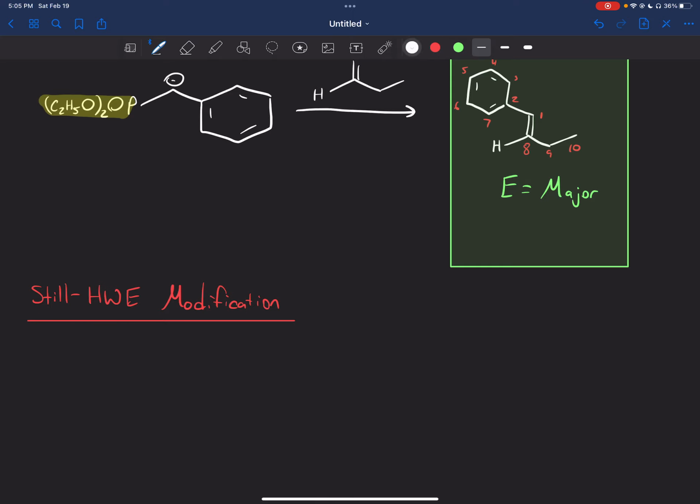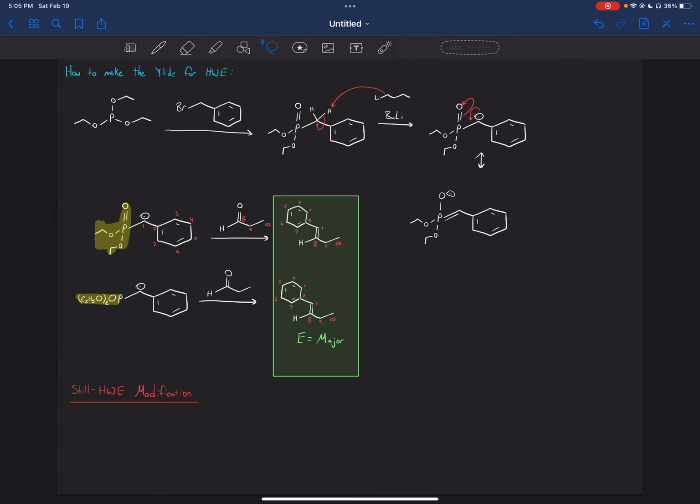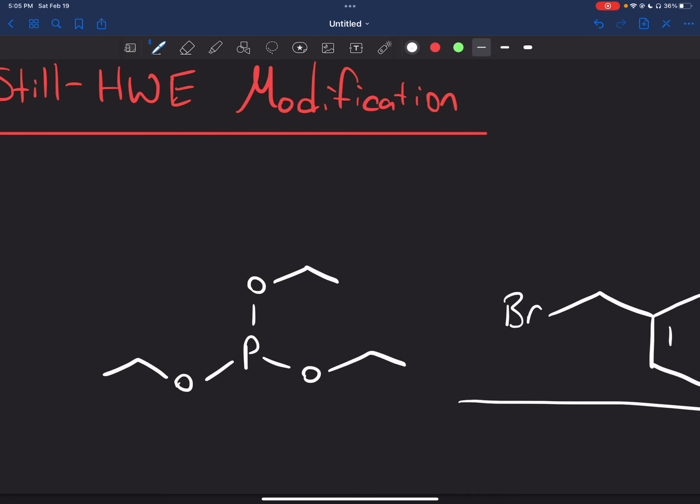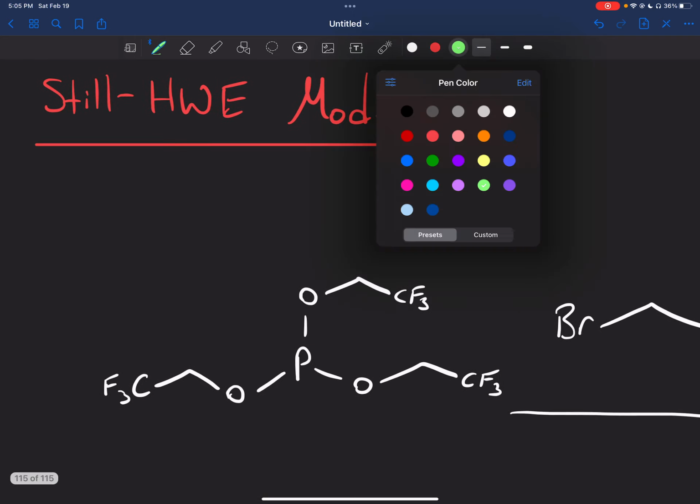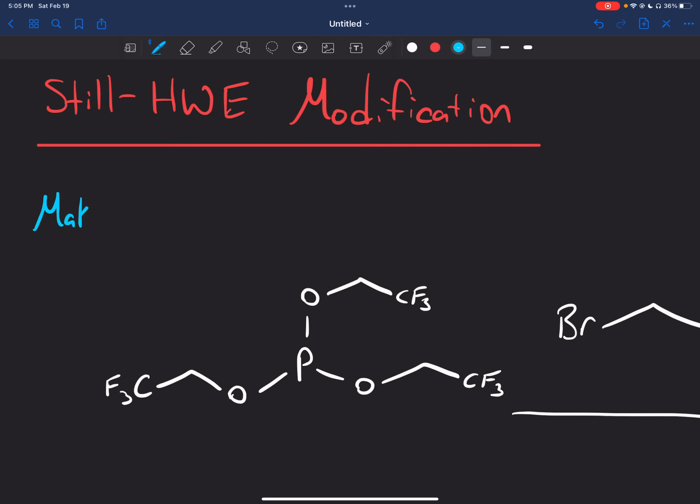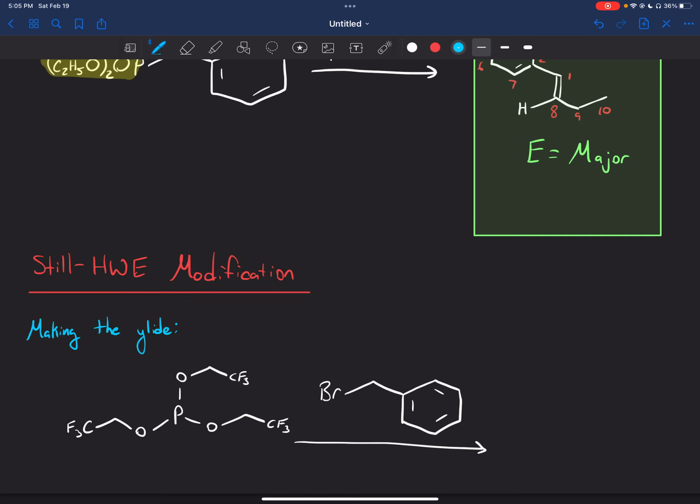And so I won't write out the full way of making the ylide, because it's exactly the same as this. The only difference is that the starting phosphorus compound has carbon with 3 fluorines at the end. This probably seems like a lot, but the part of it being a lot is really just making the ylide.